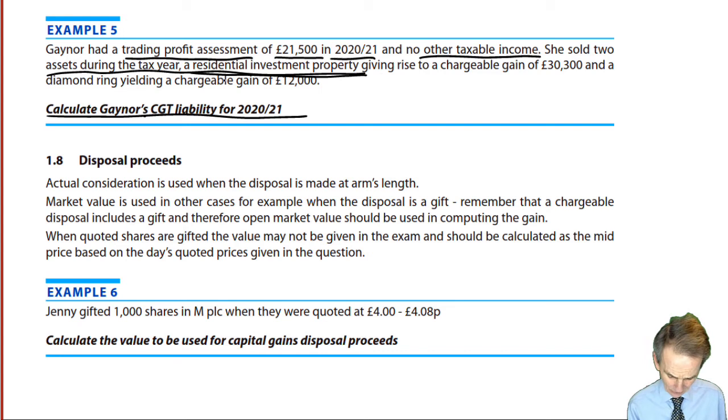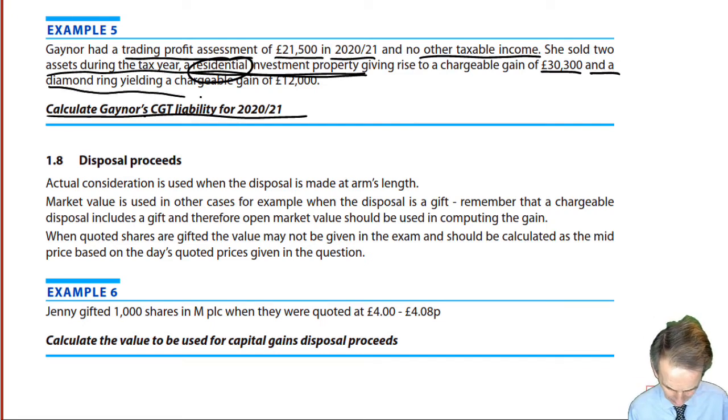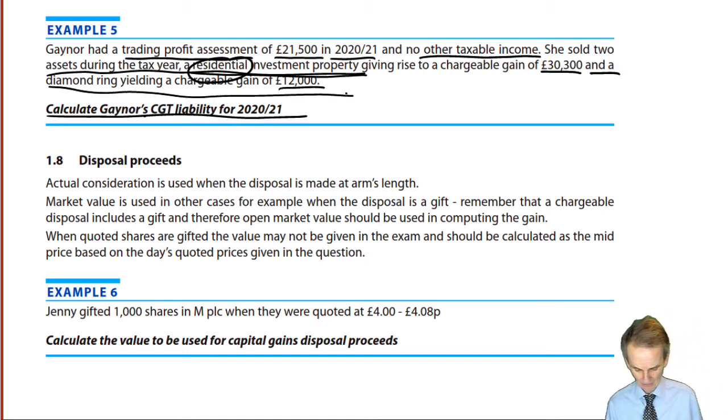And it is, of course, the fact that residential property is going to be taxed at higher tax rates. So we have to keep that gain separate to any chargeable gain. And we've got here that residential investment property with a gain of £30,300, and then an other asset, in fact a diamond ring, yielding a chargeable gain of £12,000.